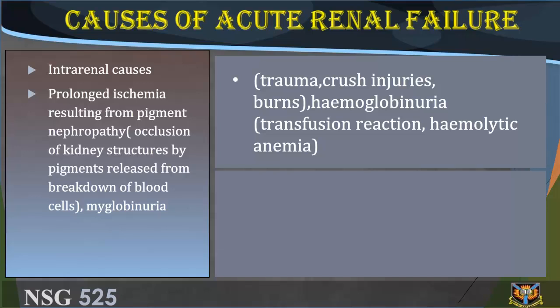Intrarenal causes. Prolonged ischemia resulting from pregnant nephropathy, occlusion of kidney structure by pigment release from breakdown of blood cells. Myoglobinuria, trauma, crush injuries, burns, hemoglobinuria, transfusion reaction, hemolytic anemia.